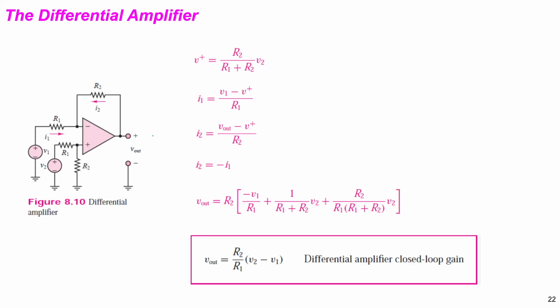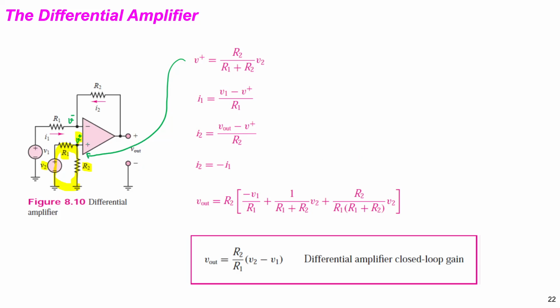With this connection, this is V positive, and this is V negative. For V positive, we can use KVL in this loop, or we can use a voltage divider. With the voltage divider, we supply V2 here, and V positive is R2 into V2 divided by R1 plus R2.